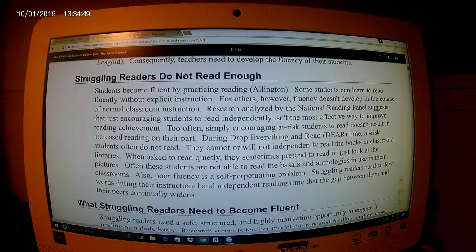So right here, struggling readers do not read enough. Students become fluent by practicing reading. Allington: some students can learn to read fluently without explicit instruction. For others, however, that's our population, fluency doesn't develop in the course of normal classroom instruction. Research analyzed by the National Reading Panel suggests that just encouraging students to read independently isn't the most effective way to improve reading achievement.